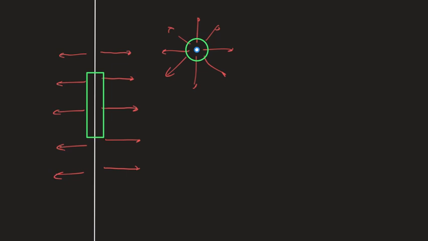So my Gaussian surface has radius r. This piece of the cylinder is being cut off from the rest of the cylinder by my Gaussian surface, and this piece of the cylinder has length h. This is a piece of the cylinder that's being cut off. It is inside my Gaussian surface here.